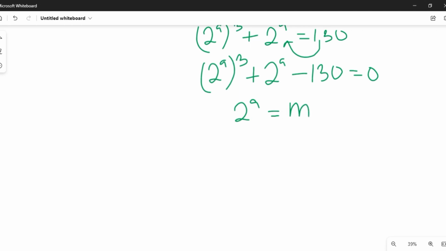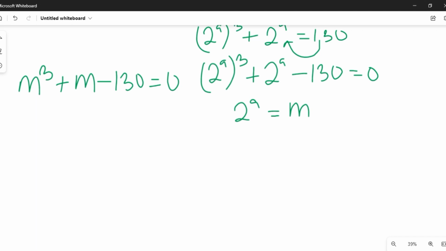If 2 raised to power a is equal to m, then we'll have m raised to power 3 plus m minus 130 equal to 0. Now this is giving us a polynomial equation.